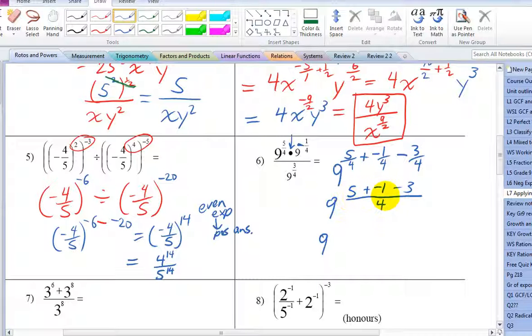So what's 5 minus 1 minus 3? 1. So we have 9 to the 1/4. That's your final answer. You can't simplify it anymore because you can't give 9 a facelift. Okay? I mean, I guess technically you could write it as the 4th root of 9 if you wanted to, but we have been doing that all along, so I won't bother. Okay? This here would be your best answer.